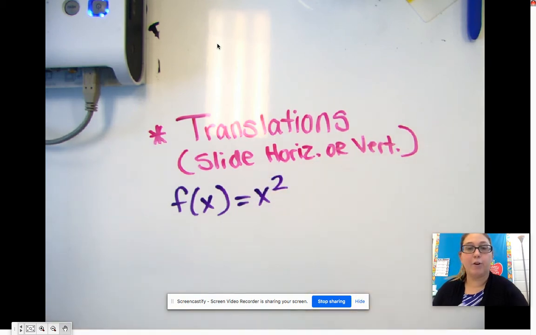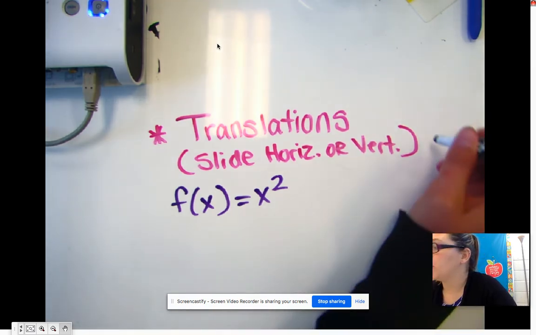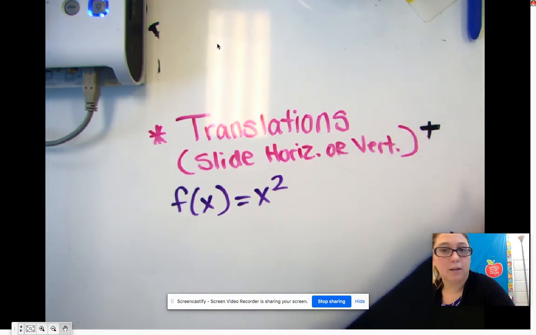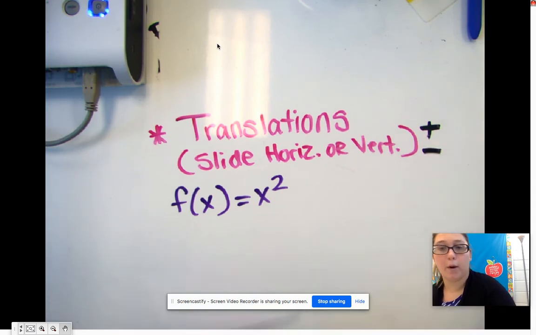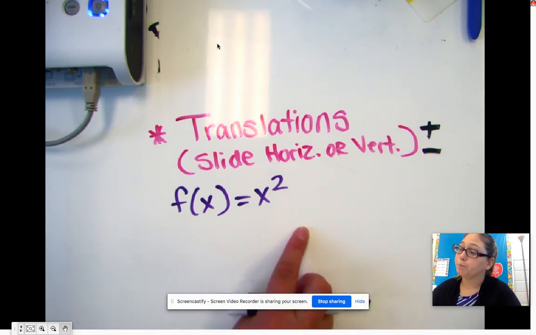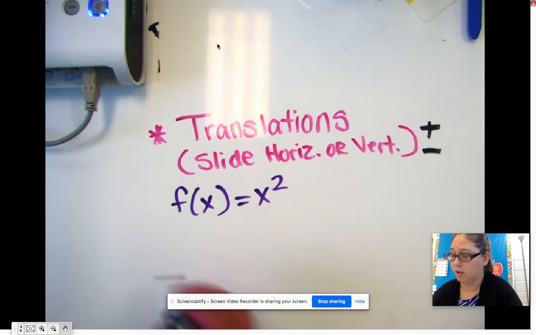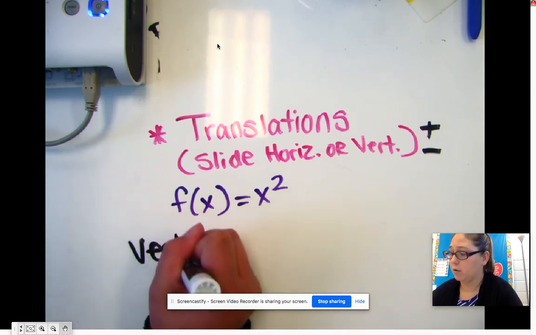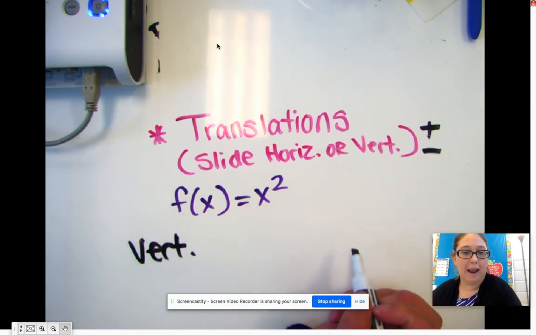But let's say you're given one that has a translation, right? A translation is going to be a slide, which means you're going to have a plus or a minus somewhere, okay? So translations are adding or subtracting. For example, if we want a vertical translation, it's going to be on the outside.